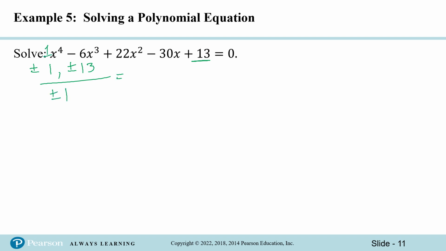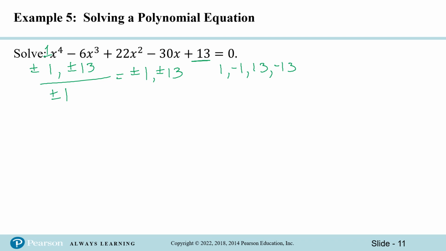When we simplify that, we end up with plus or minus 1, plus or minus 13, which if we rewrite it without the pluses and the minuses, we've got 4 possibilities for a rational 0. Okay, and we're just going to start checking.